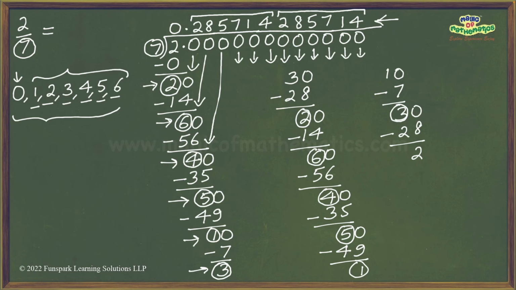That is, a sequence of digits, namely 285714, is going to repeat or recur over and over again. We show this by writing the decimal representation of 2 over 7 as 0.285714 with a bar like this to show that this sequence of digits keeps repeating forever.